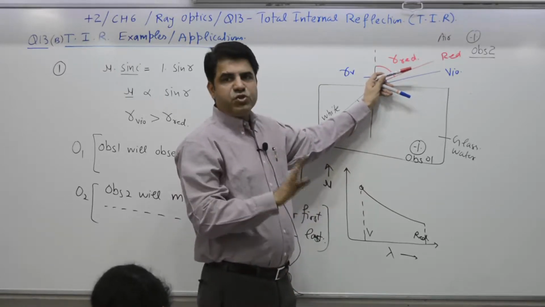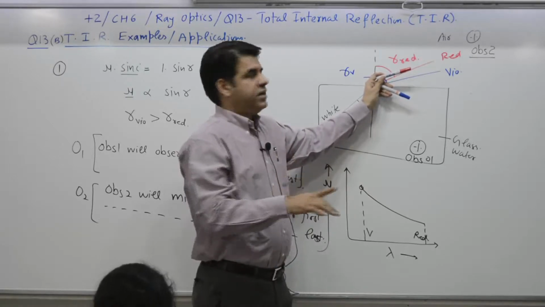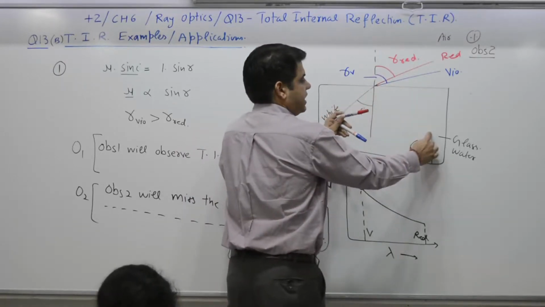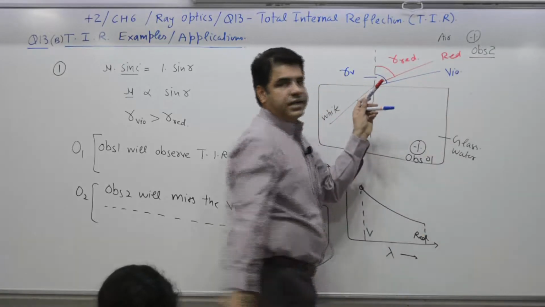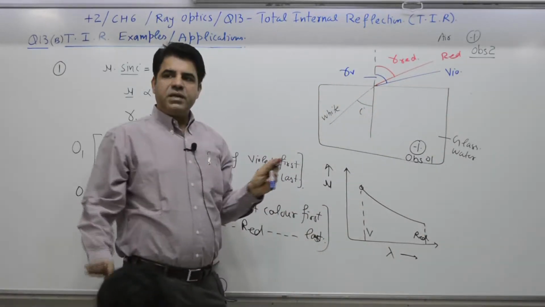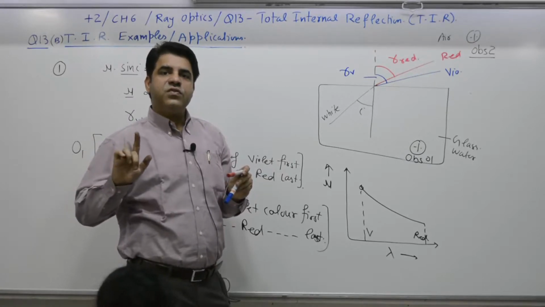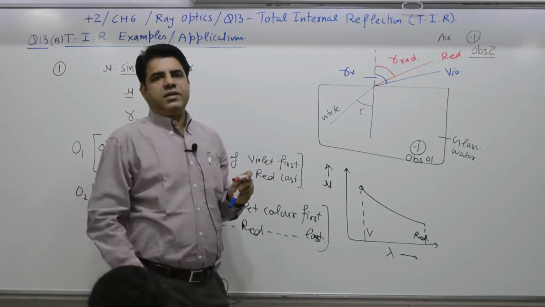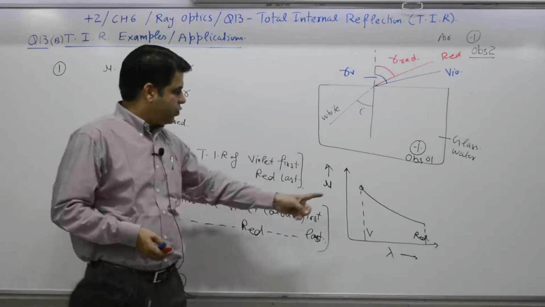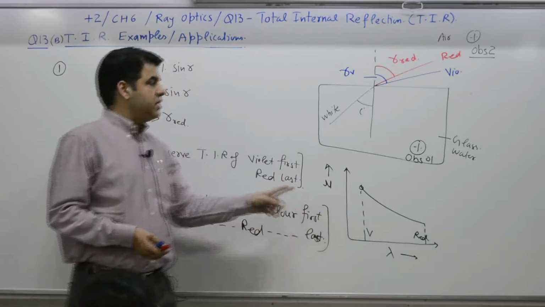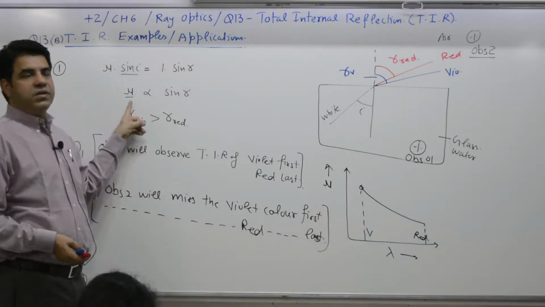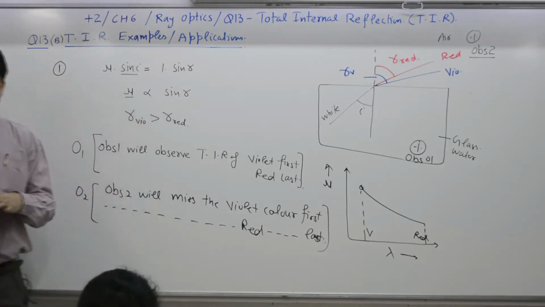At this stage, suppose TIR is taking place for violet. So where is the violet color? Inside. Where is the red color? Outside. TIR will take place for all, but will take place first for violet color, because nu is different. Nu is maximum for this one.